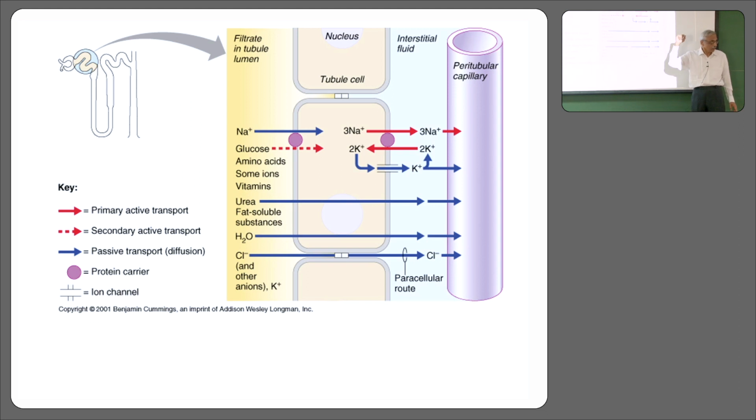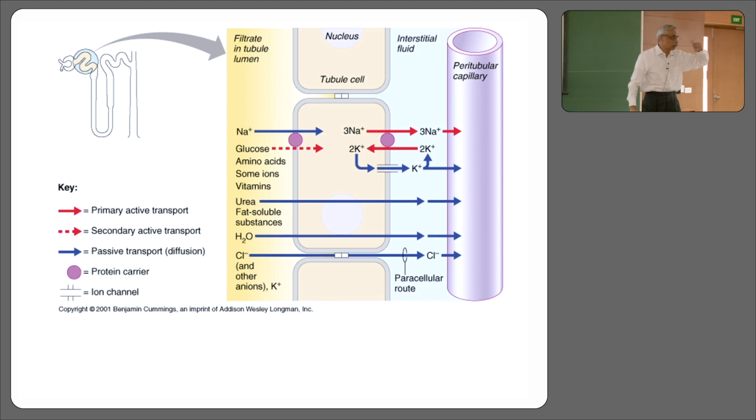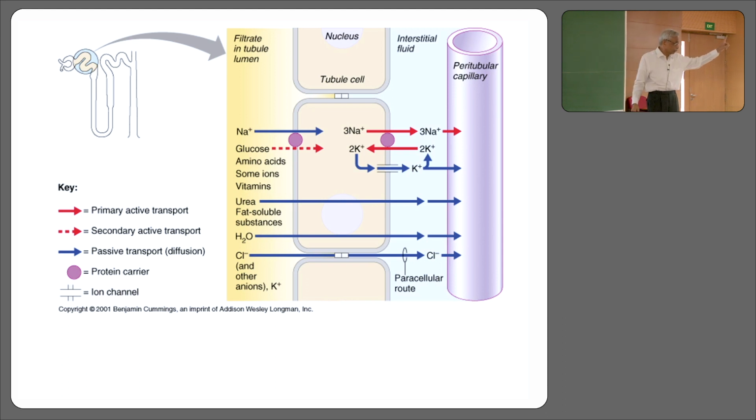But at the same time, look at the basal side, the side which is towards the capillary. What do we have? We have already seen that in the previous slide, the demonstration from the immunocytochemistry protocol. So the pump is there. Every time the pump goes through a cycle, it takes three sodium ions to the outside and two potassium ions to the inside, and it will use one molecule of ATP.